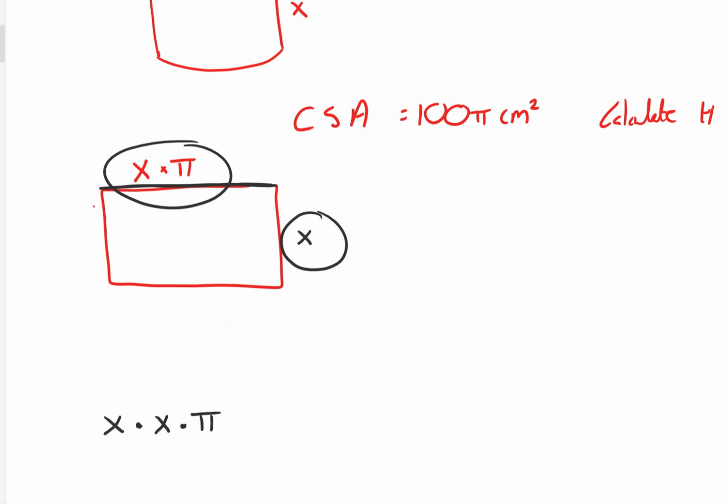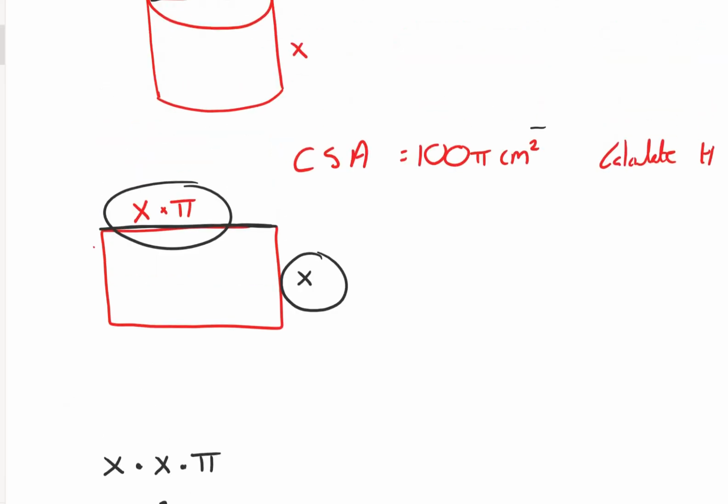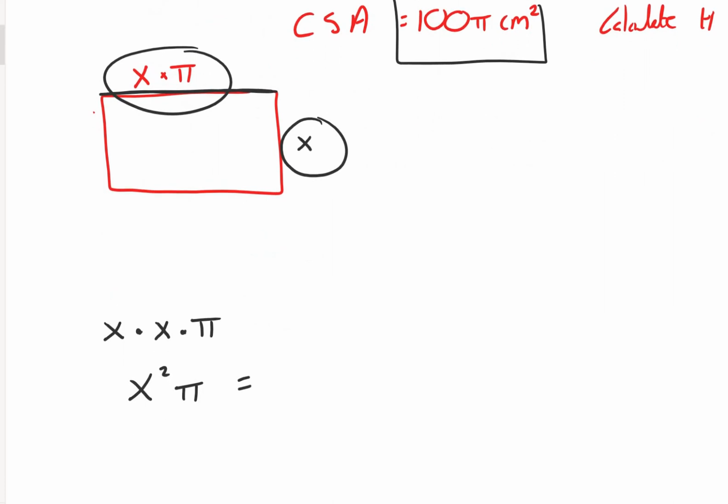So here's what I have: x by x by pi, which simplified will be x squared pi. And x squared pi equals, what did they say the curved surface area was? 100 pi centimeters squared. So 100 pi. Now look here, I have two pi's, so I can cancel them.